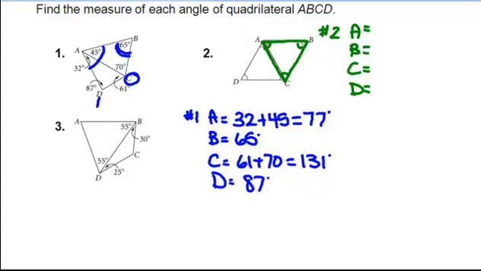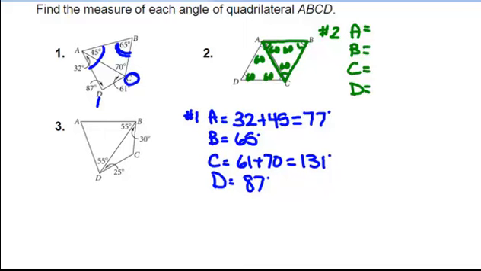And if I take 180 degrees and divide it by 3 equal angles, 180 divided by 3 is 60. So these angles are all 60 degrees, which is true for the other one. These angles are all 60 degrees. And now I actually have numerical values to help me find my answers.